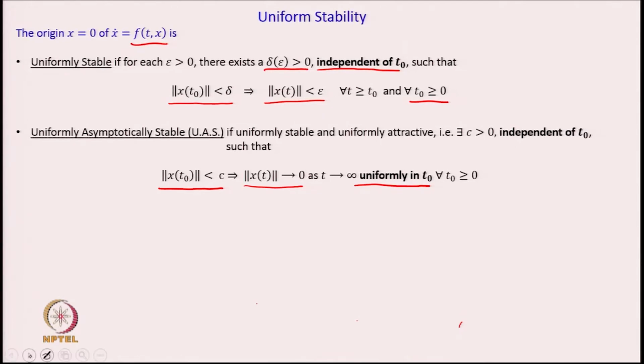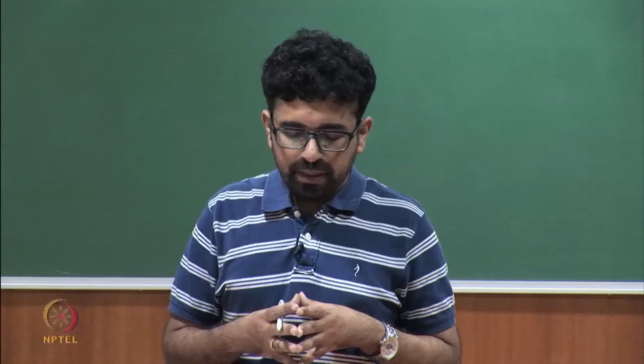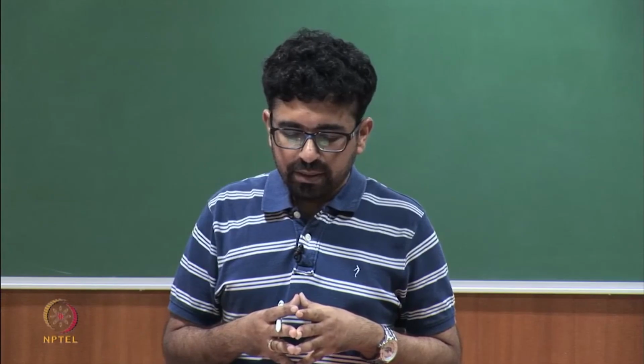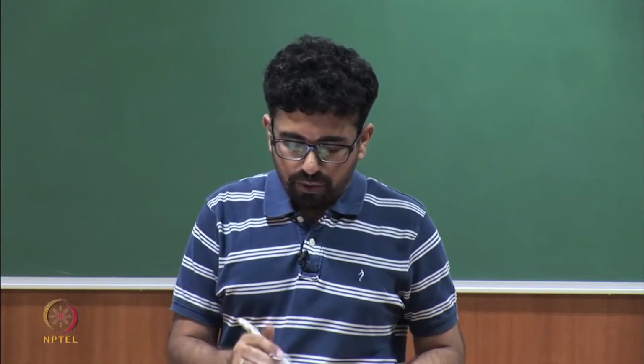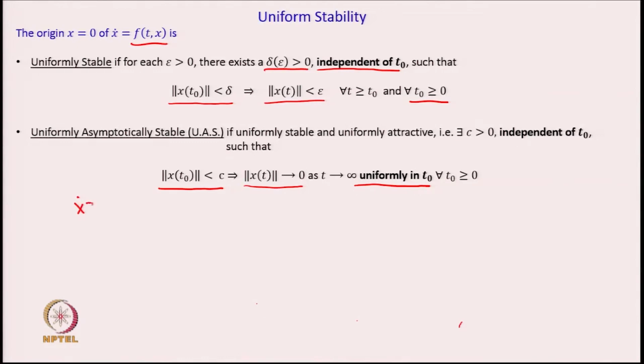So, this is very important, and this is a stronger notion of stability than just saying that an equilibrium point is asymptotically stable. The fact that we can say that the stability behavior is independent of the initial time is a very strong notion. For autonomous systems, that means systems of the form x dot equals f of x, stability and uniform stability are the same notions.